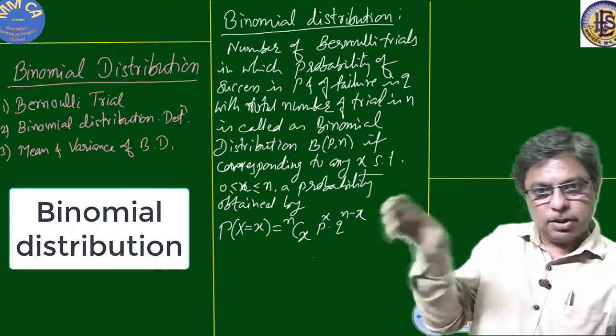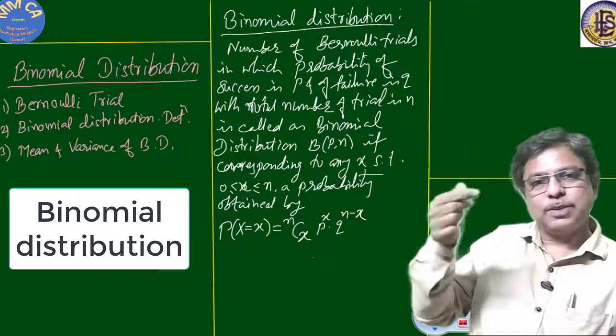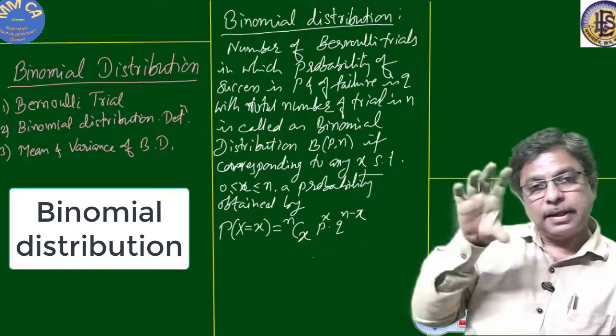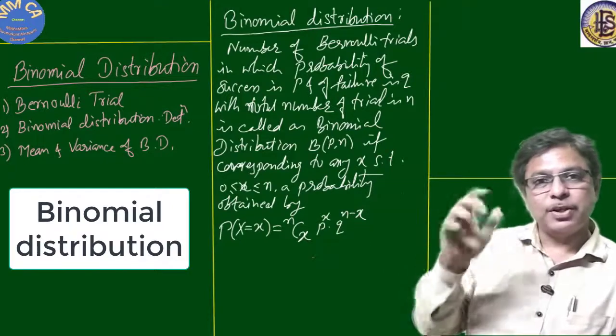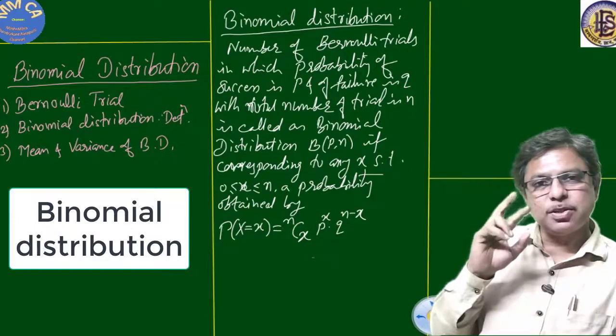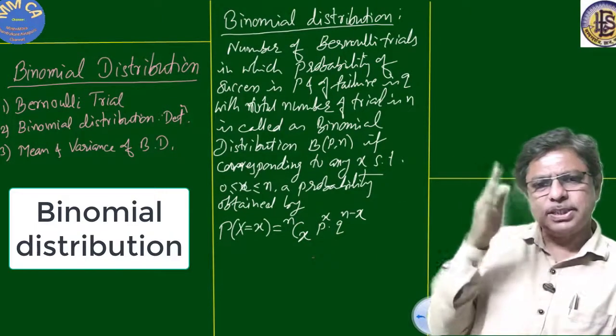Then this total distribution, for each x with its probability, gives a table, and that table is called a binomial distribution, because here we have only two outcomes. Binomial means two terms, either p or q, either success or failure.